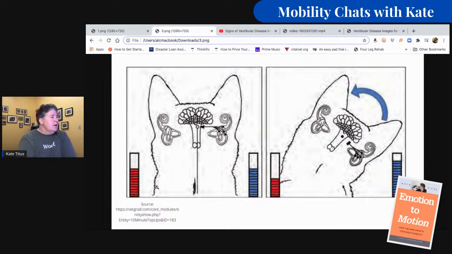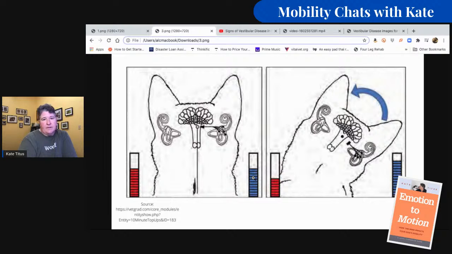Okay. So the left and right systems work together continually to send impulses to the brain. If the dog is level and in an upright position like they are here, the impulse frequency, or the amount of impulses that are sent, is about equal, as you can see by these scales here.